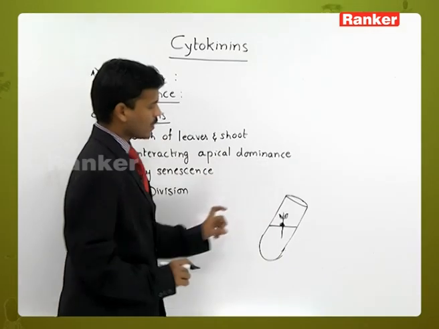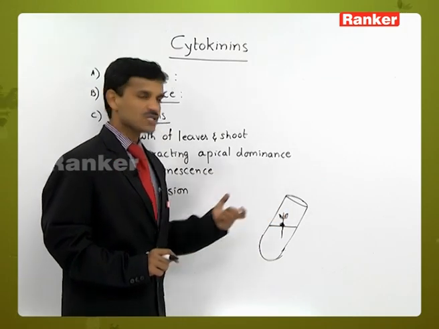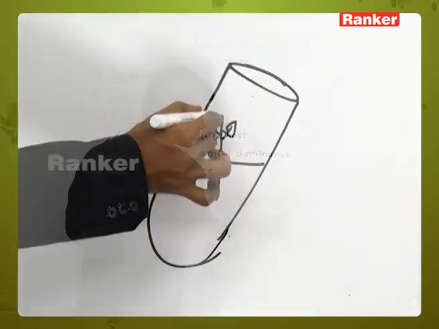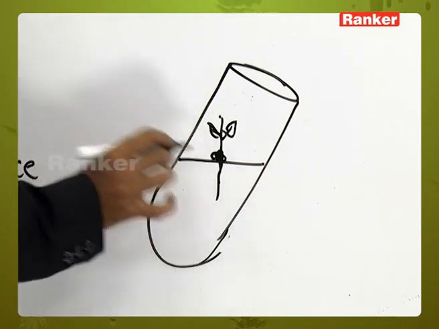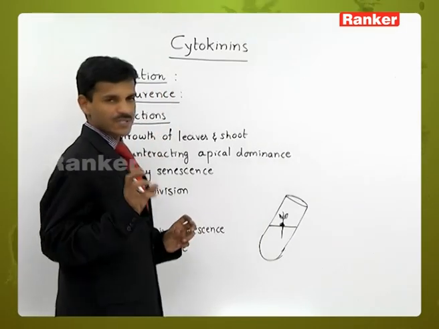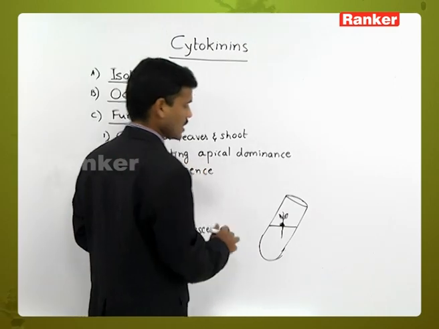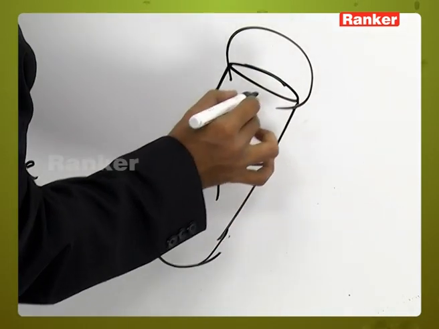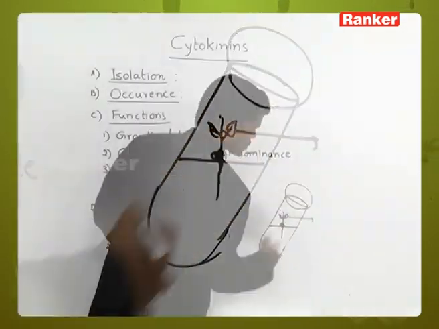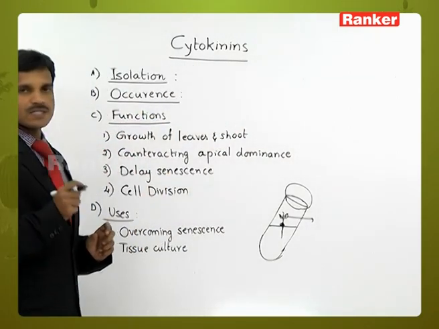Here the shoot formation, meaning stem, leaves, flowers and fruits, and root formation are induced by some hormones. Mainly the shoot formation is induced by cytokinins.